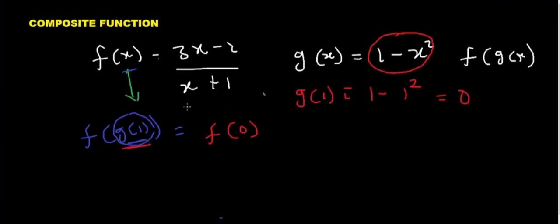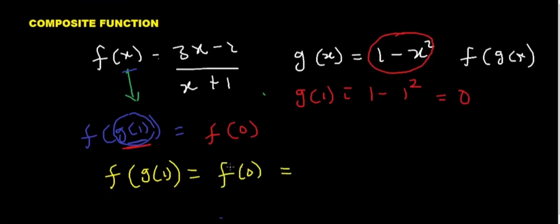Therefore, I'll be having f of g(1), which is the same thing as f(0), and because this 0 is occupying the space of x, whenever I see x in this expression, I'm going to write 0.